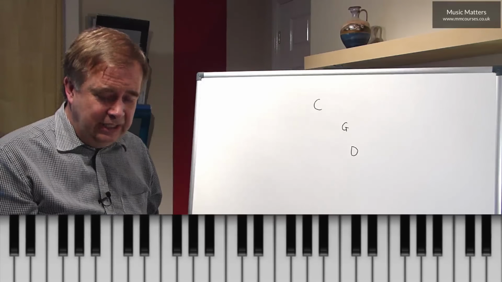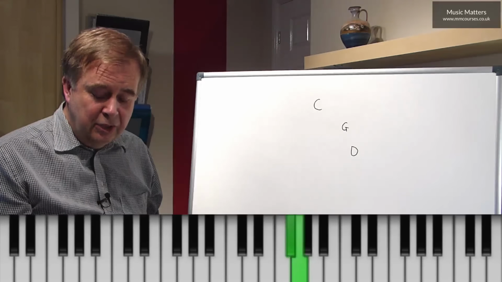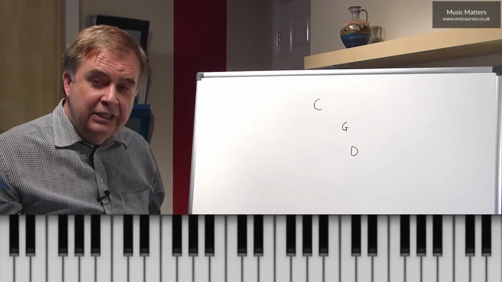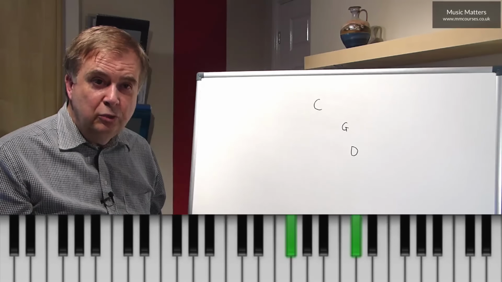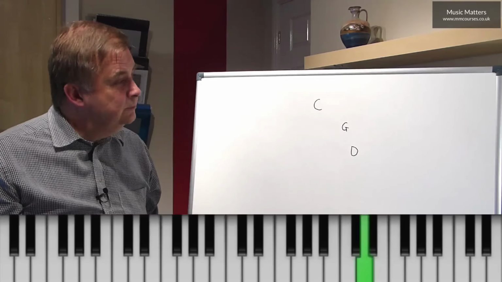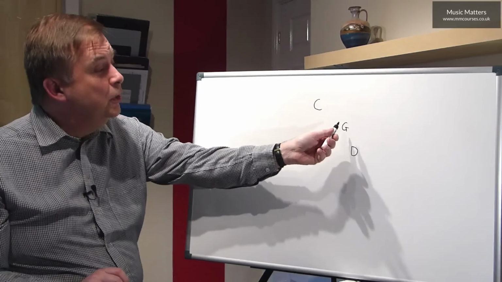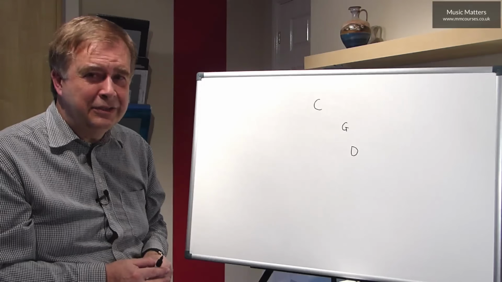If I start on D and I go tone, tone, semitone, tone, tone, tone, semitone, you can see that I've ended up with 2 sharps. C major's got no sharps, G major's got one sharp, D major's got two sharps. Hopefully you're beginning to see how this works.